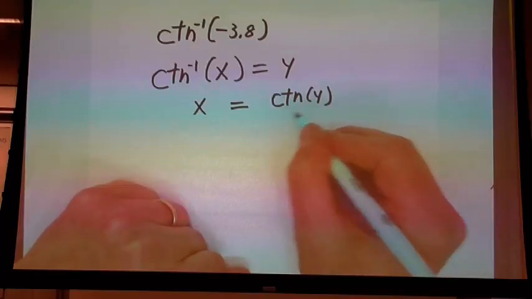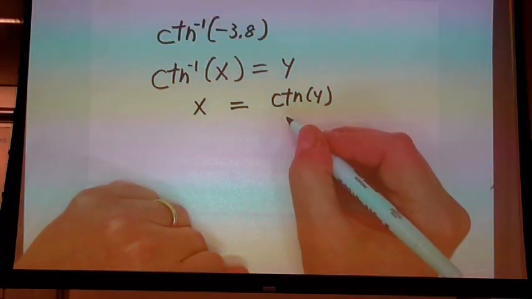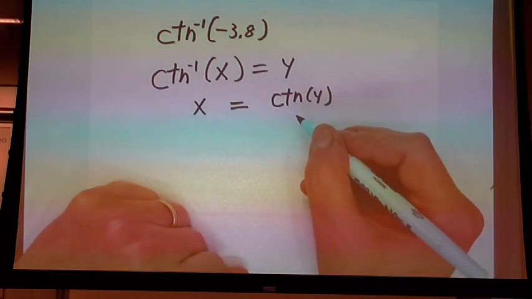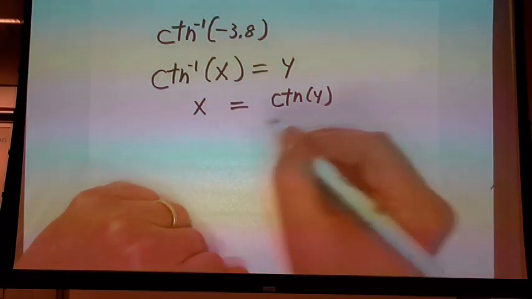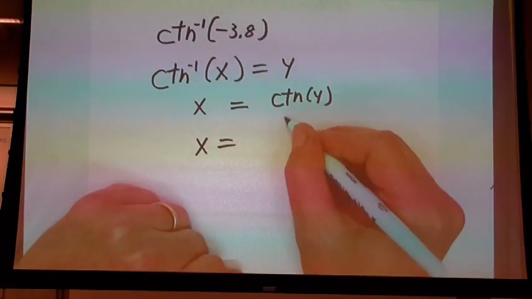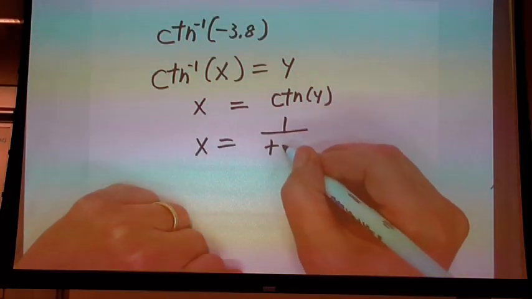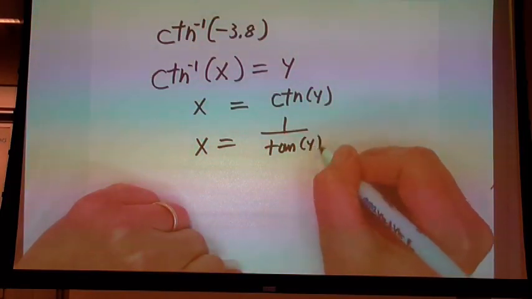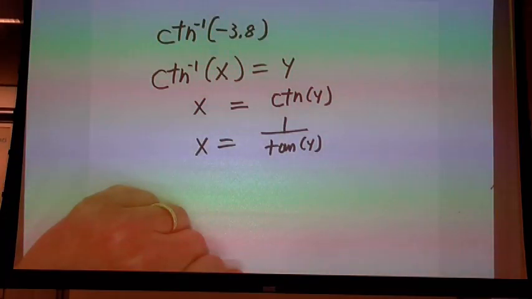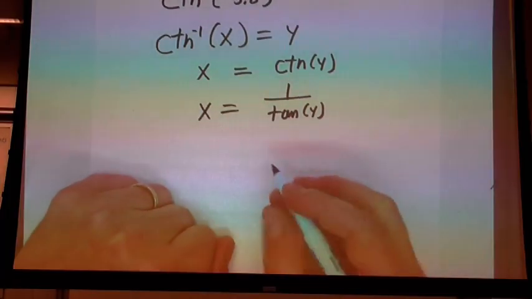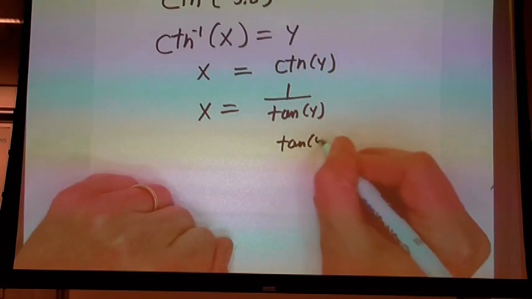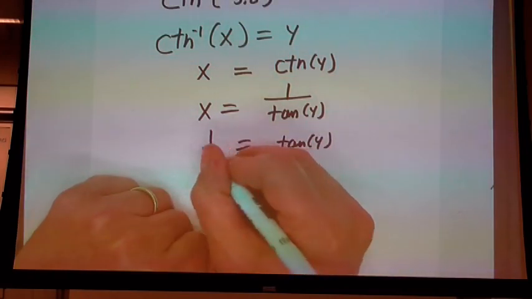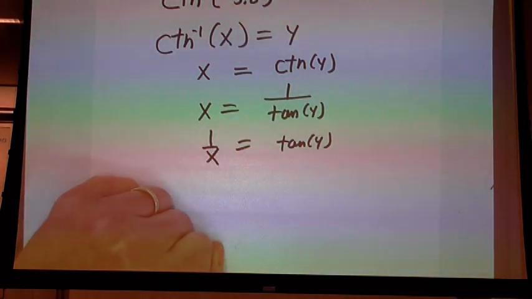Now, I have a problem dealing with cotangents, so I'm going to rewrite this in terms of the tangent. This is just 1 over the tangent of y. Or, with a little manipulation, you can see that the tangent of y is equal to 1 over x.